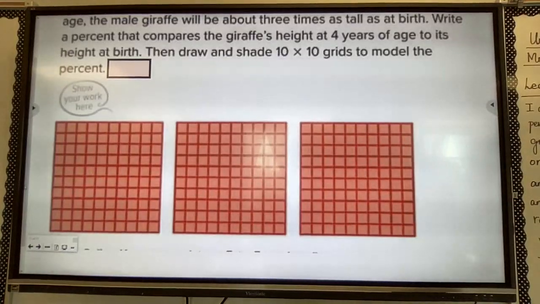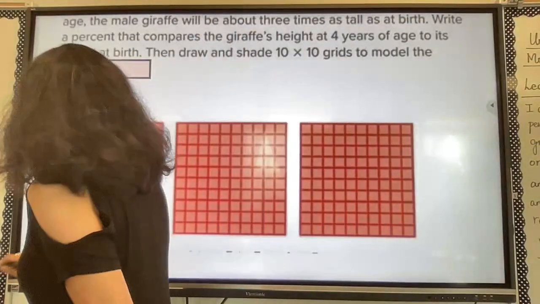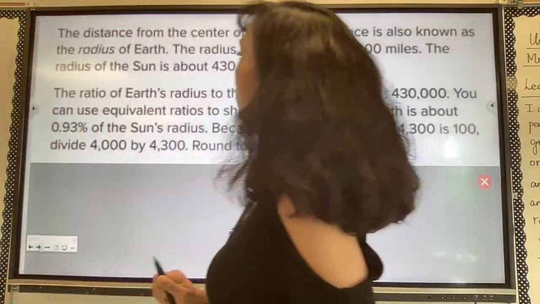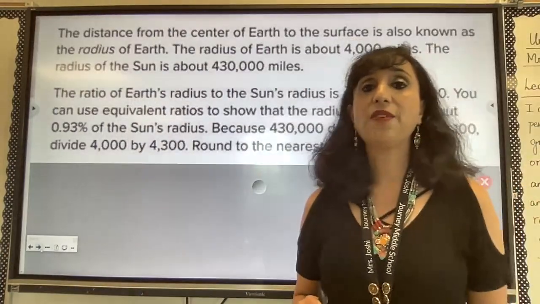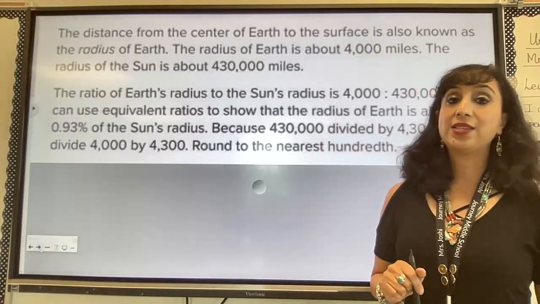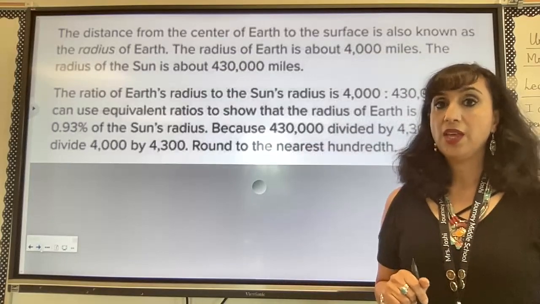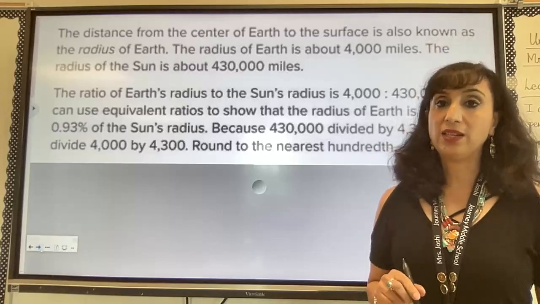All right. Now, let's talk about percents that are less than 1%. All right. So, the distance from the center of the earth to the surface is also known as the radius of earth. The radius of earth is about 4,000 miles.